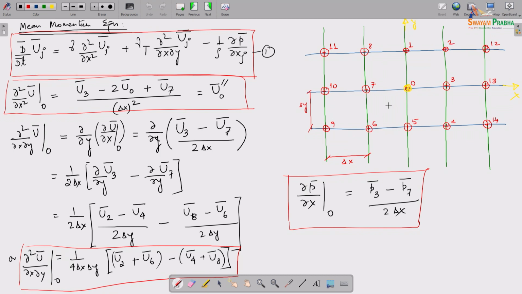So u2 and u6, you add this up and subtract u4 and u8. Now I am here, you add 3, so 12 and 5 I'll add up, subtract 14 and 1. These are the diagonal ones.